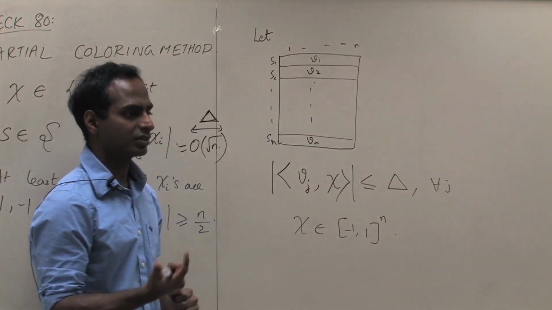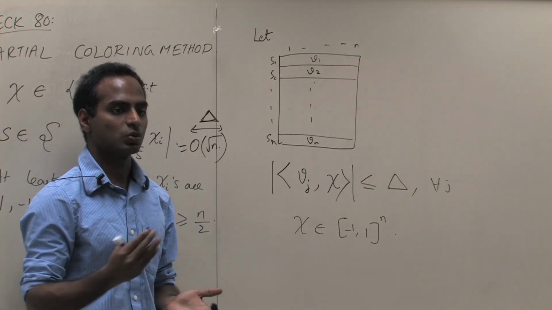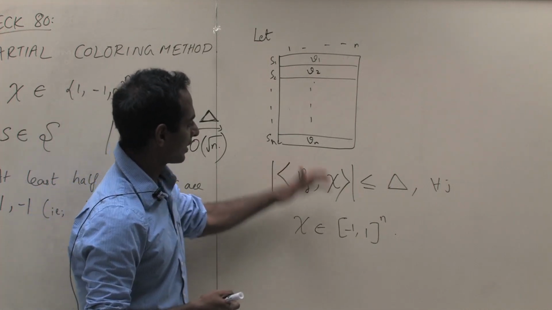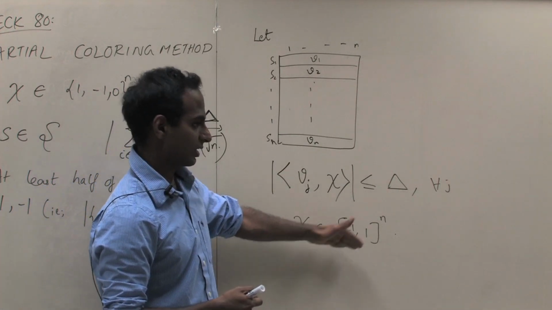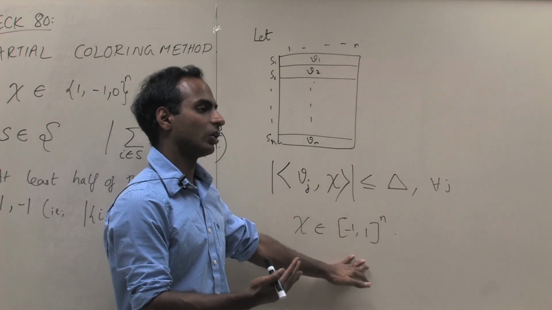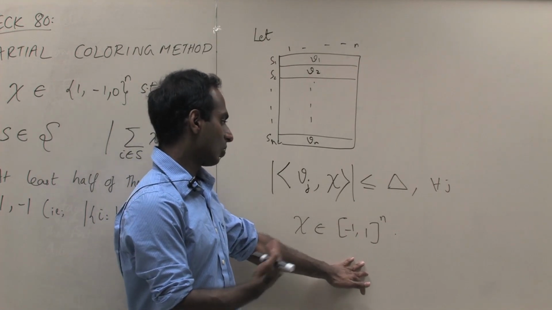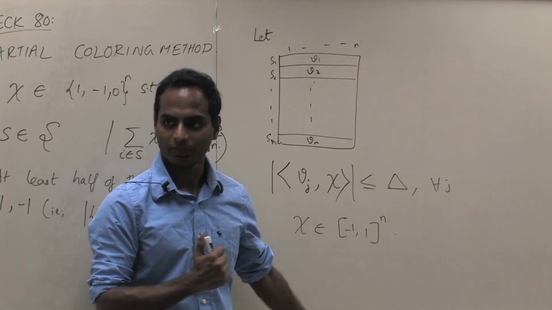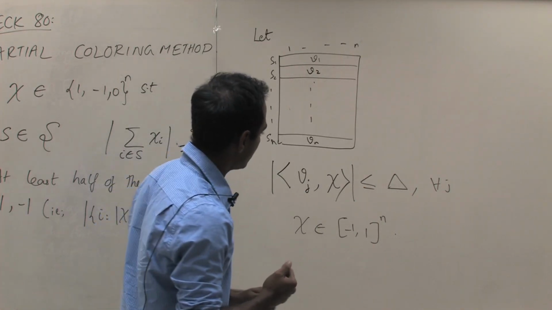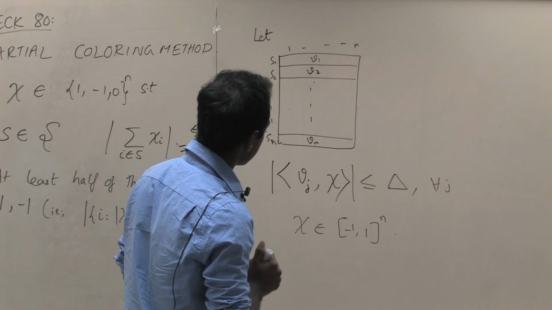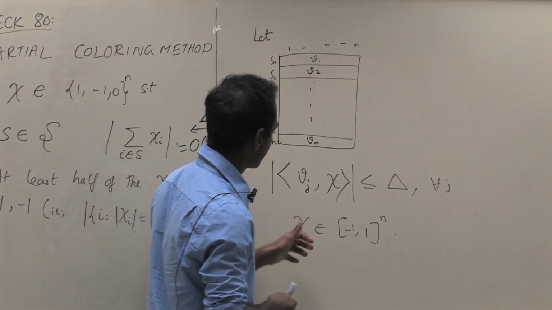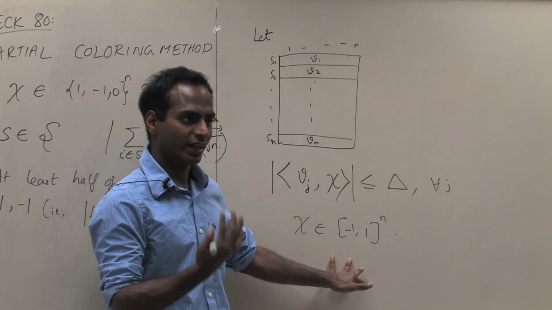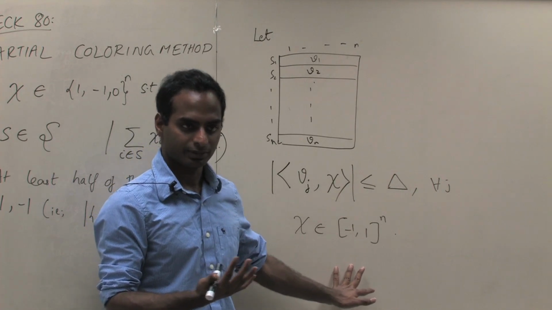So it can take fractional values, any value between -1 and 1. So these are the constraints that we want our vector chi to satisfy, but at the end we also want it to have many coordinates which are 1 or -1. So if I draw the set of all these vectors chi in n dimensions, what I get is a polytope, right?